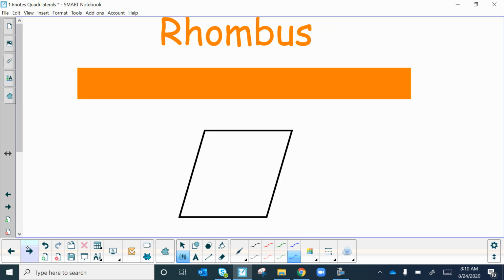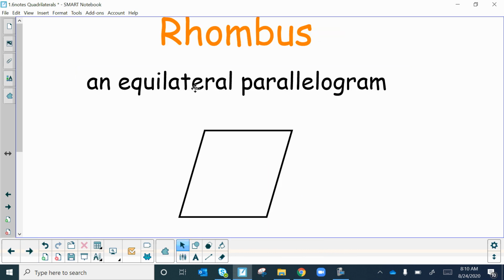The next special quadrilateral is the rhombus. The rhombus is an equilateral parallelogram. We had talked about what equilateral means: all four sides are equal. So you have to see the tick marks that look like this. Now, the unique thing about this is, we do have symbols to be parallel, but when you mark all four sides congruent, that forces opposite sides to be parallel. So these are the only markings that you need.